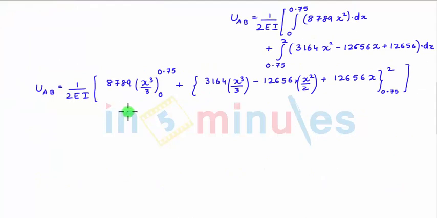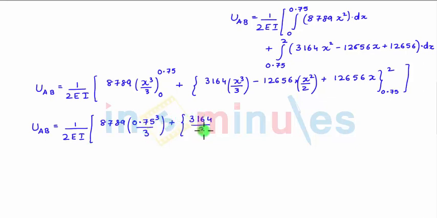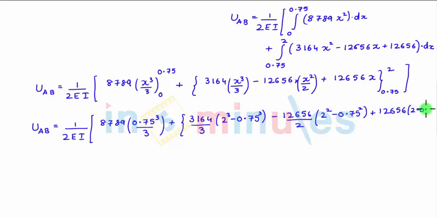Now on applying the limits, we have UAB is equal to 1 by 2EI multiplied by 8789 into 0.75 cube by 3 plus 3164 by 3 into (2 cube minus 0.75 cube) minus 12656 by 2 into (2 square minus 0.75 square) plus 12656 into (2 minus 0.75).